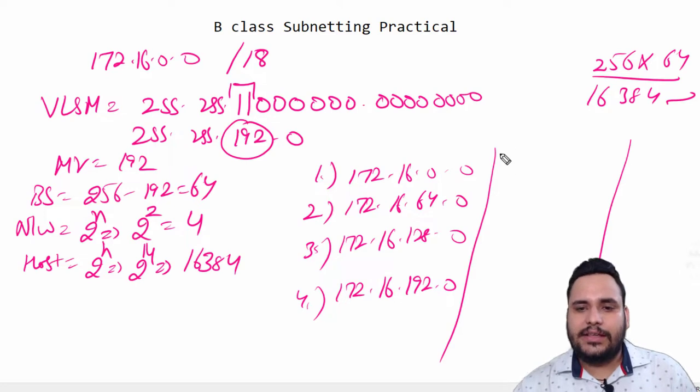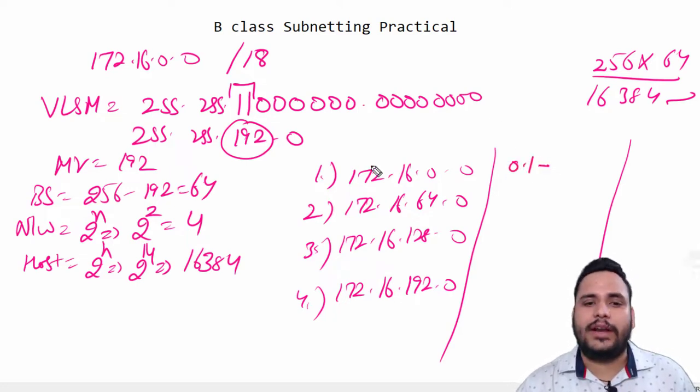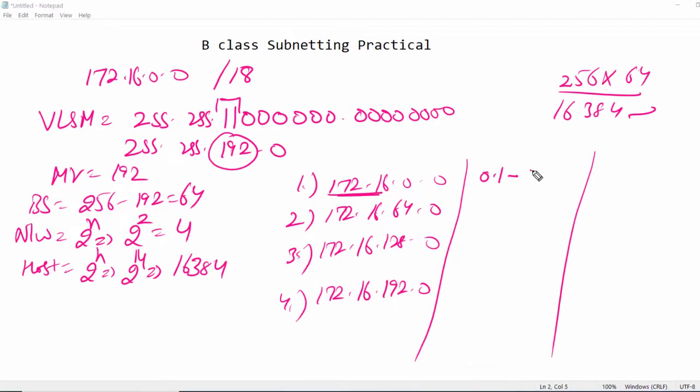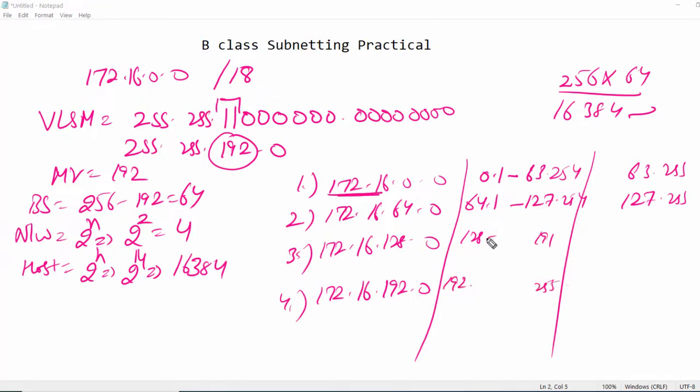Easily, this network starts from 0.1, and ends at 63.254, with broadcast 63.255. Respectively 64.1 to 127.254 with broadcast 127.255, then 128 to 191 and 192 to 255, like dot 1 to dot 254, and the last broadcast ID is 255.255. So in this you can check my IP addresses are 16,384.